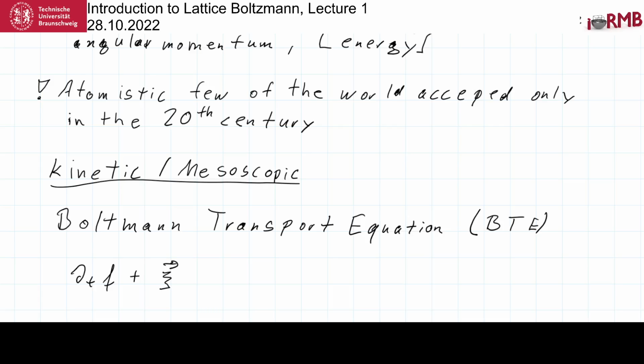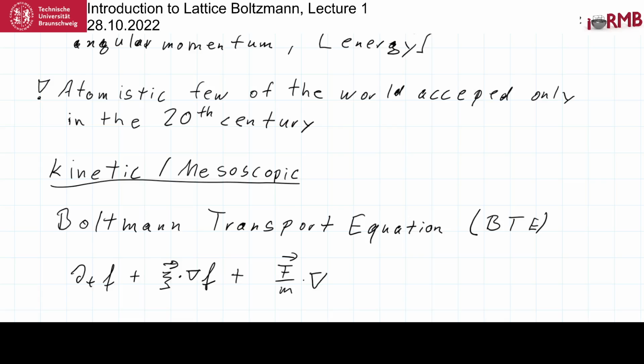The Boltzmann equation has a time derivative of f, which is a probability density function, plus a vector xi, which is a vector of microscopic velocities, times the spatial derivative of f. So this again is an advection operator, and here comes something that I just now notice I left out of the Navier-Stokes equation. Okay, but it's not so important.